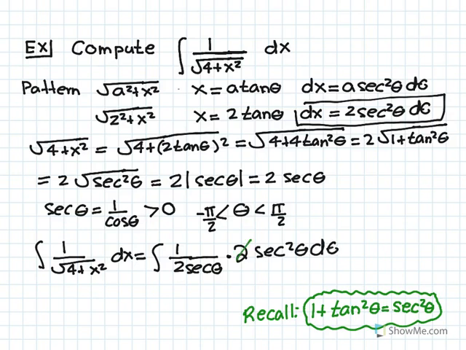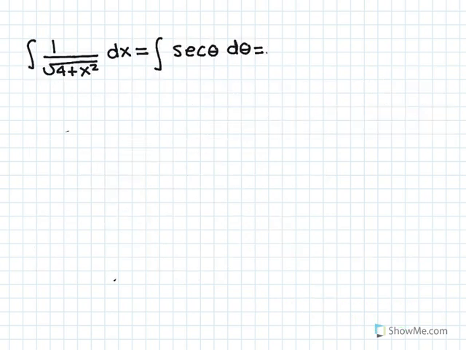Now the 2 cancels with the 2, and sec theta cancels with one of these sec thetas, and we will get integral of secant theta d theta.